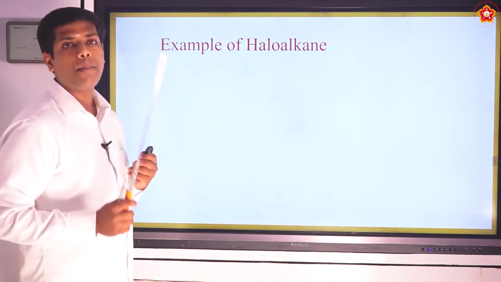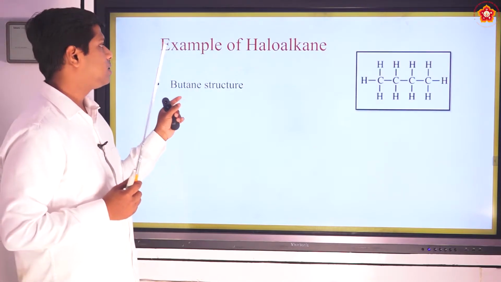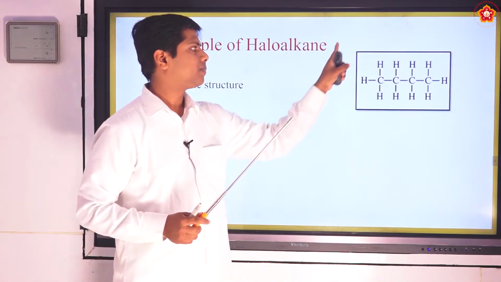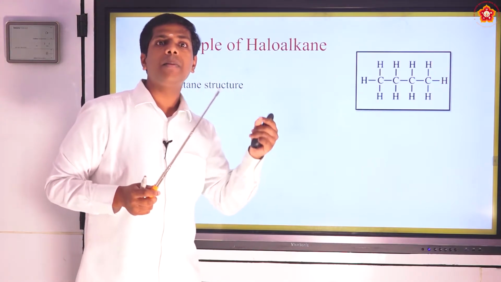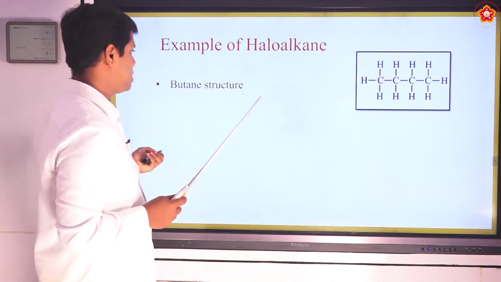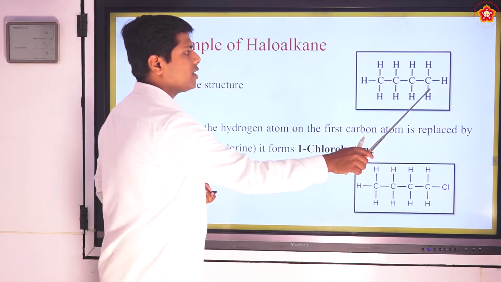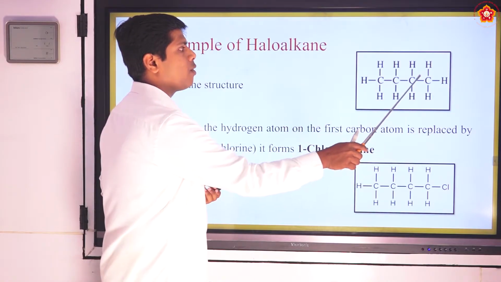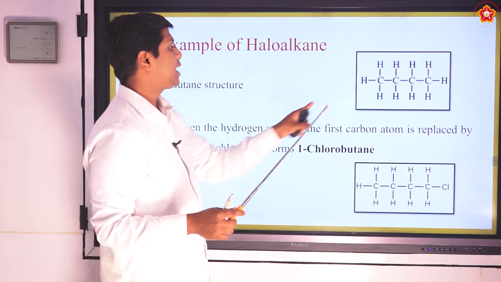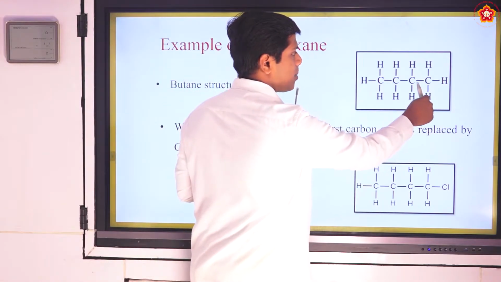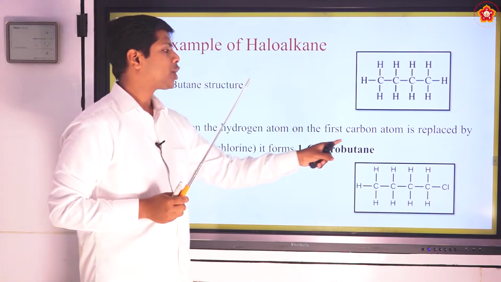Let us look at the example for haloalkane. This is the structure of butane. Any one of the hydrogen atoms replaced by halogen becomes a haloalkane. When the hydrogen atom on the first carbon, carbons numbered 1 2 3 4, is replaced by a chlorine atom, it forms 1-chlorobutane.